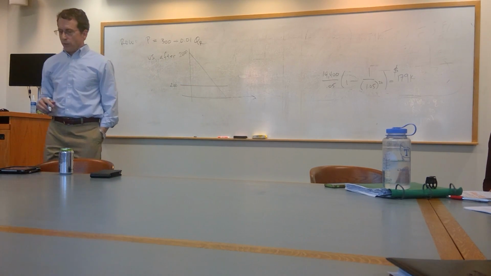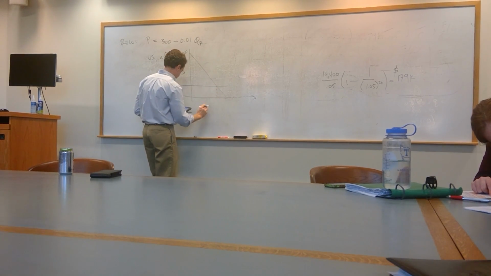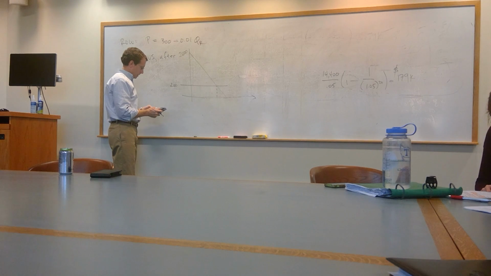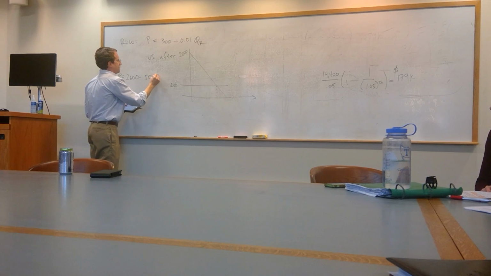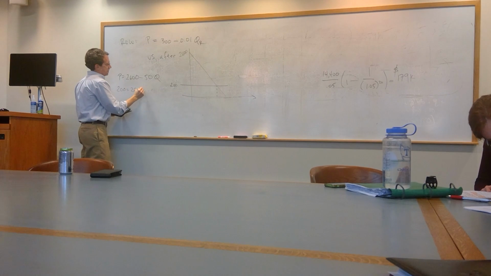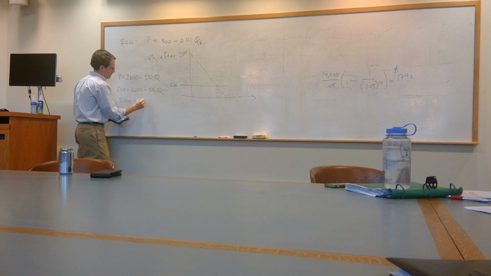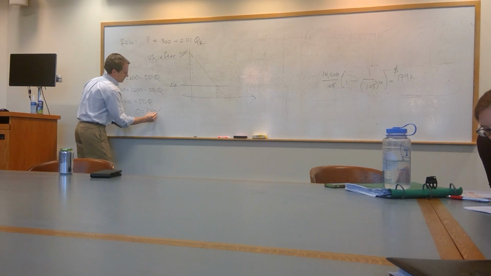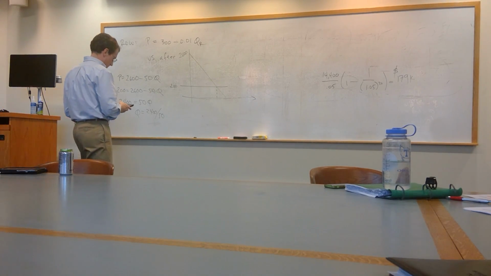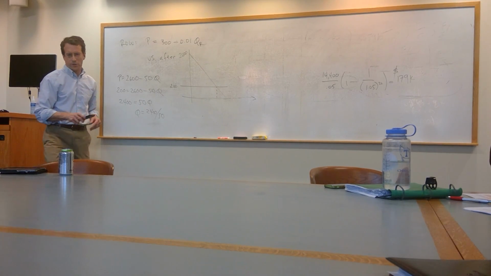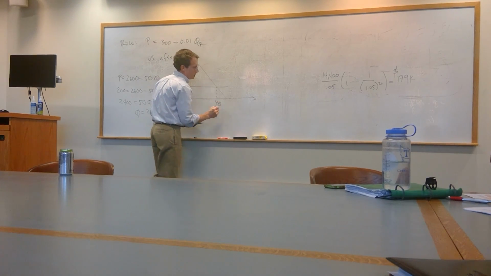And then you have to go back to the demand curve to figure out what the quantity is, because that wasn't chosen by the monopolist.